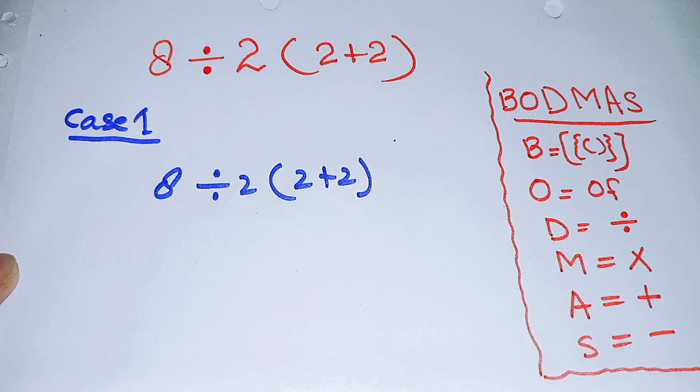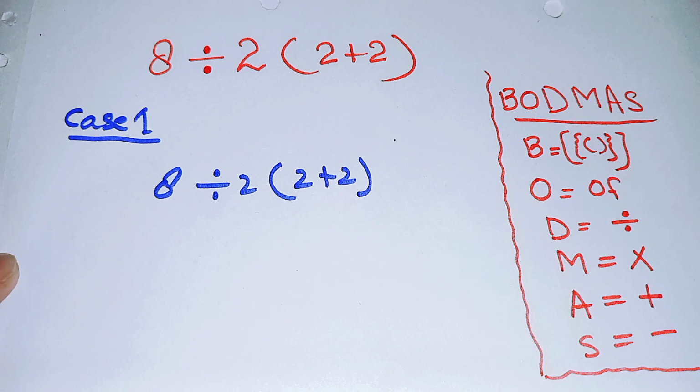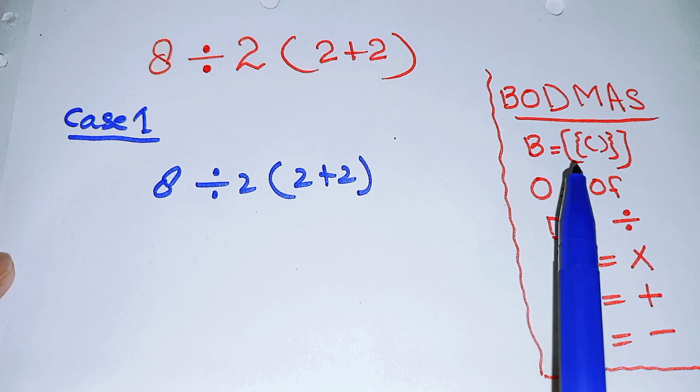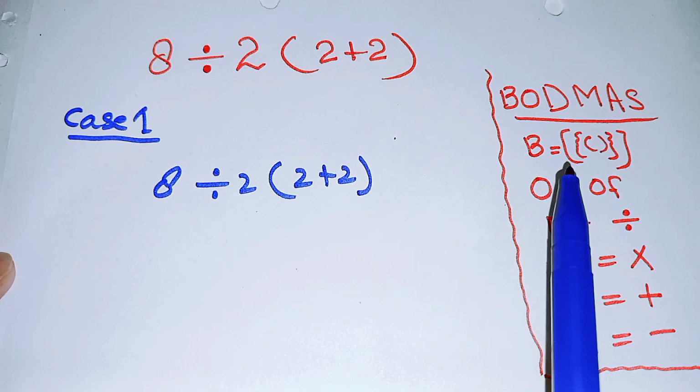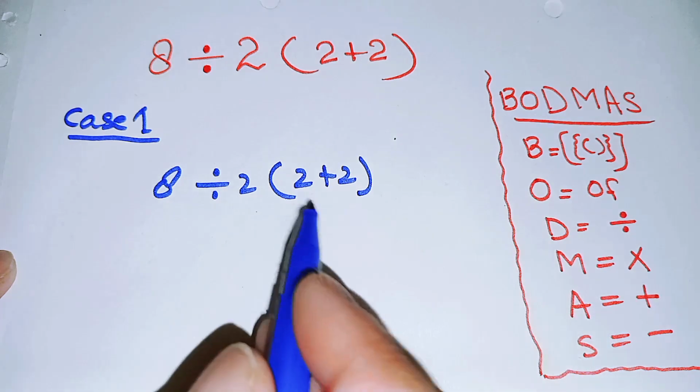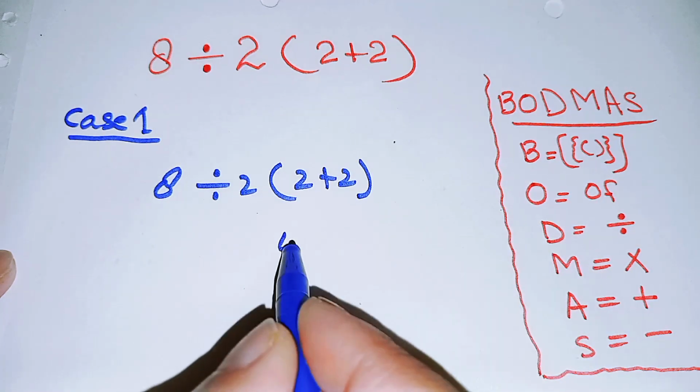Now we apply the BODMAS rule, and the BODMAS rule first uses brackets. So we use this bracket, and 2 plus 2 is equal to 4.